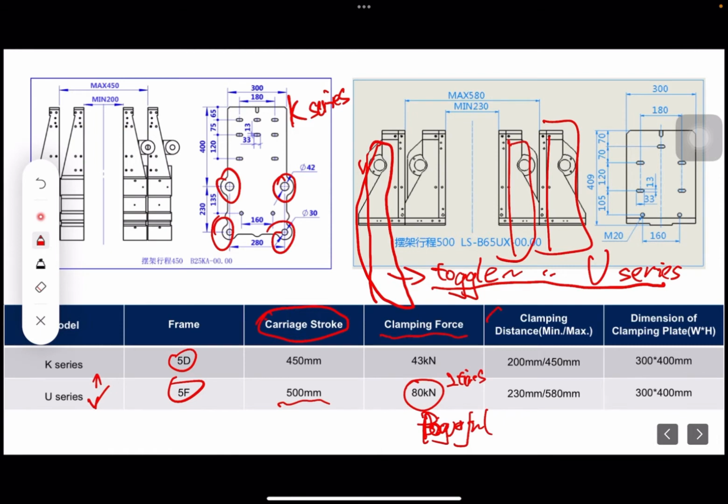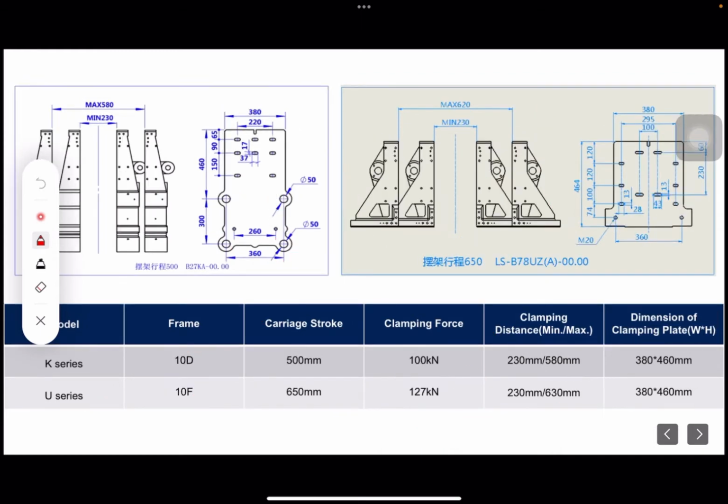So it can make the product more perfect. And the clamping distance and the clamping weight, it has a bigger size, and it has a new competitive toggle clamping system. So these 2 may have a better performance. Okay, and also here comes the 10D and 10F.